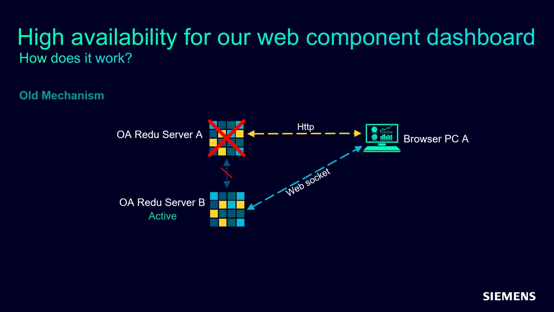But in this old way, the HTTP connection is still connected to server A. This means the PC needs a manual page refresh to reload the dashboard when it wants to request new HTTP resources, like a new widget or something. So after the reload, you're now connected to server B, again with HTTP and WebSocket. So in this old way, you always needed to reload the page. And this does not provide a seamless navigation in the dashboard.